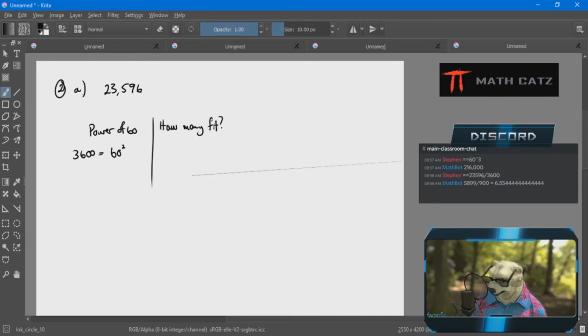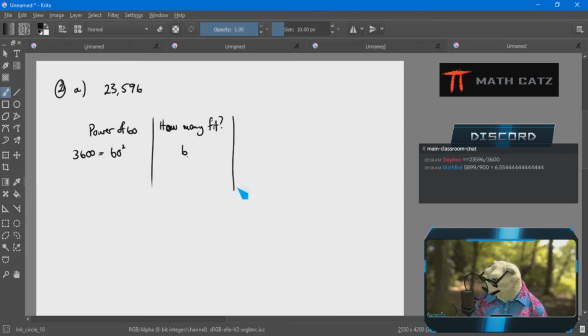MathBot says 6 and a bit. So it can fit 6 whole times. Then I want to know, I haven't used all the number. How much have I used? That'll be 6 groups of 3600.